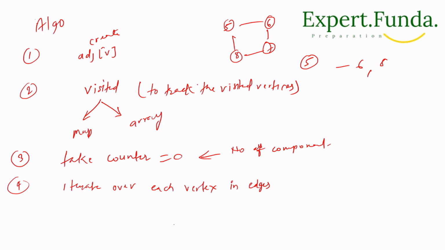And if the vertex is not already in visited, we start DFS. Then what will we check? We'll check if the vertex is not visited, then we'll do DFS.